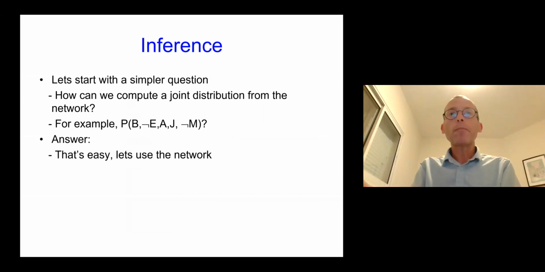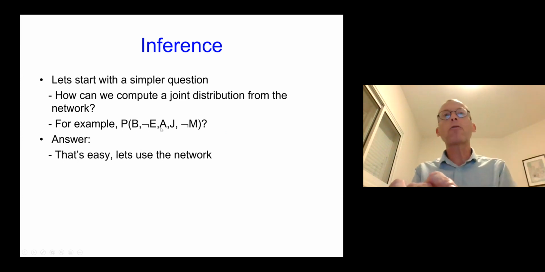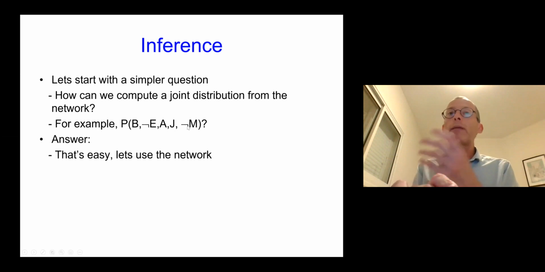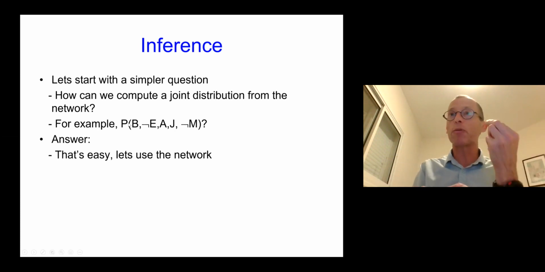For example, I want to know the joint probability of a set of values: burglary occurred, earthquake didn't occur, alarm sounded, John called and Mary didn't call. This is a fully observed set of values; we observed all 5 variables.